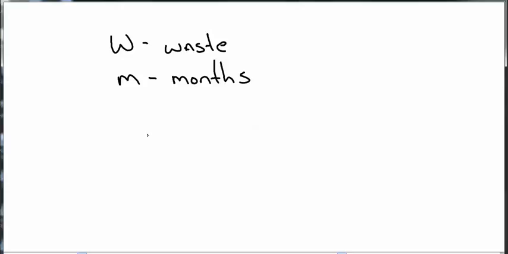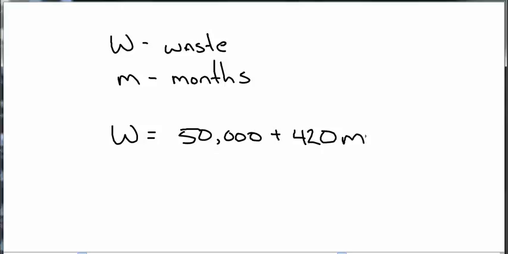Okay, so our W is going to be equal to, there's already 50,000 tons of waste there, isn't there? So that can be 50,000 plus what? They average 420 more per month. 420 M. Any problems with that?